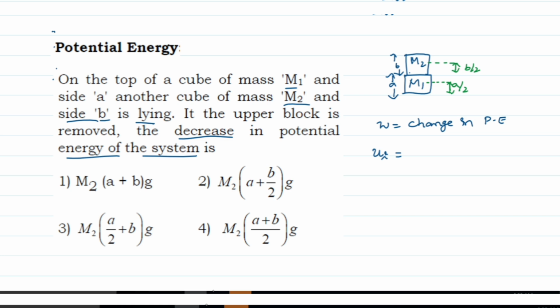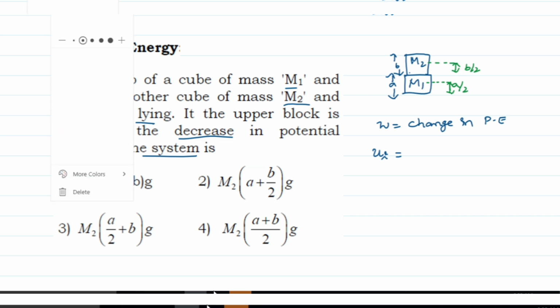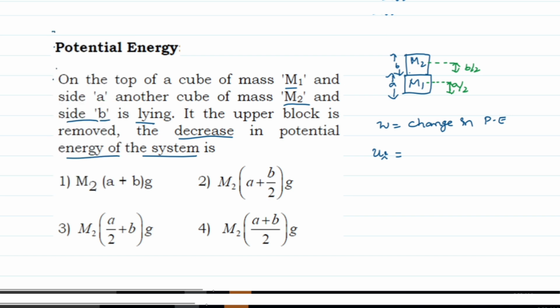Now the initial potential energy of the whole system is m into g into h. It is m1 into g into the height of its center of gravity.